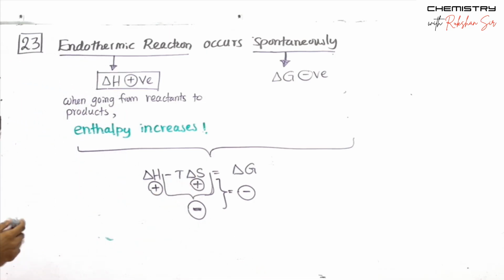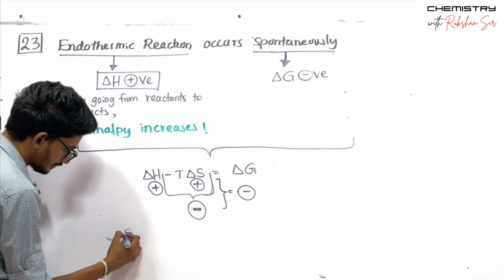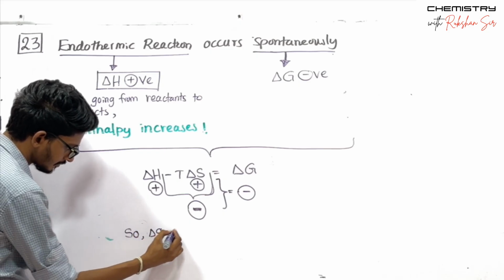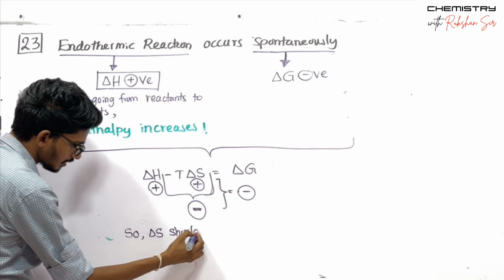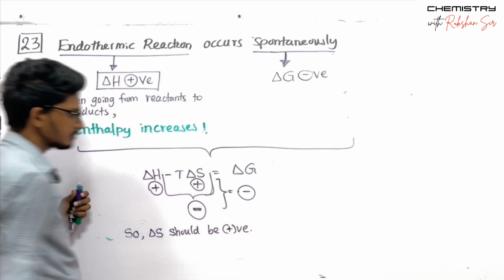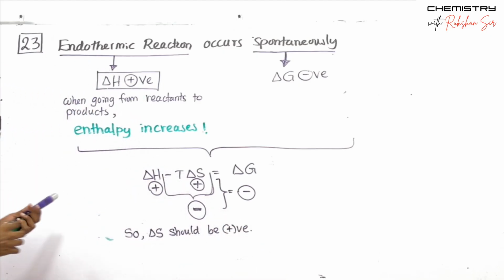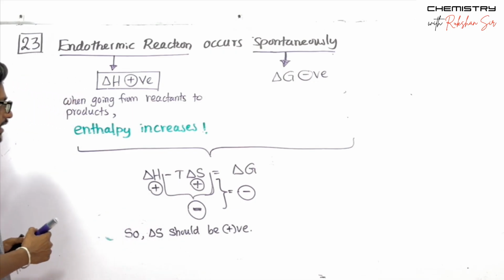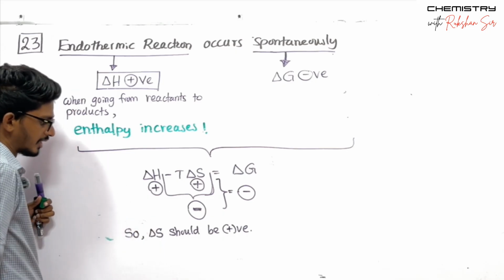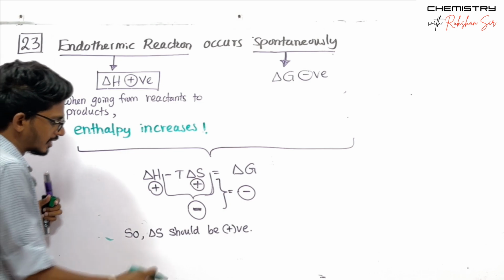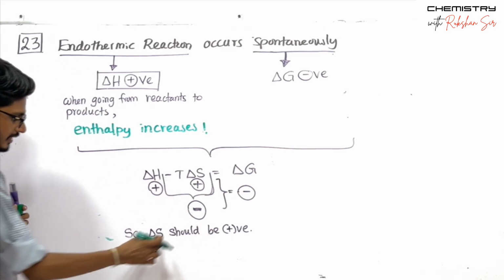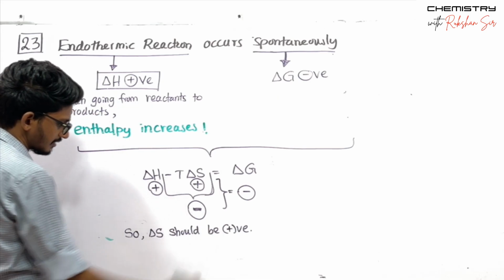So delta S positive means, what? Delta S positive means when going from reactants to products, S increases. Delta S positive means S increases.